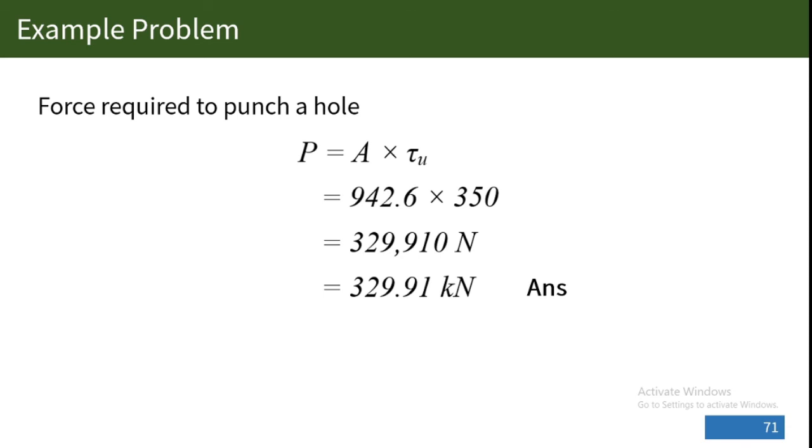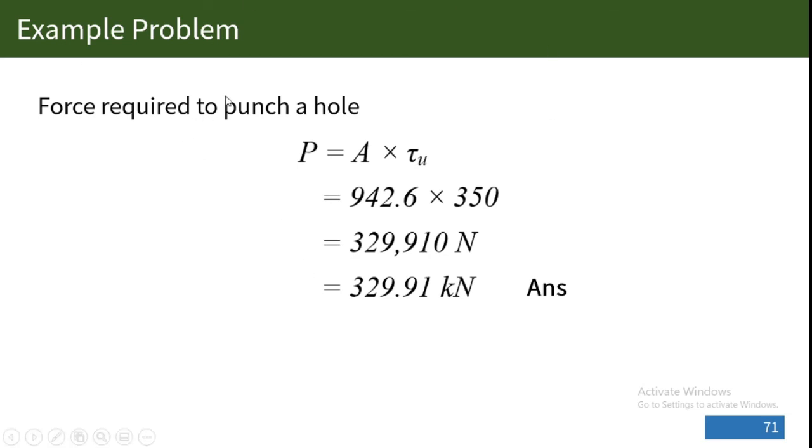In this problem, we are given the maximum shearing resistance of the plate, so we substitute the area resisting the shearing stress multiplied by the maximum shearing stress, which is 350 Newton per millimeter squared.